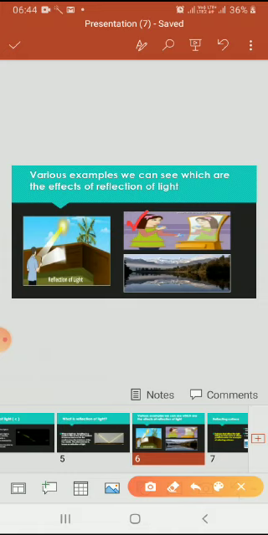And another example you can see here, you might have done even using a mirror, you have created illumination on the wall. What happens? Light rays are coming from the sun. It falls on the mirror. Then after reflection, it falls on the wall.